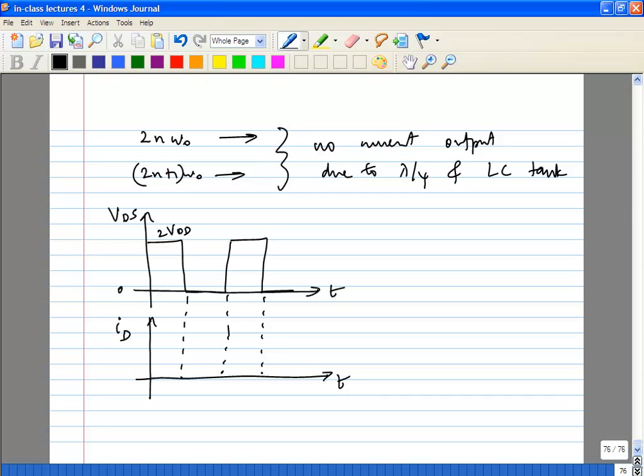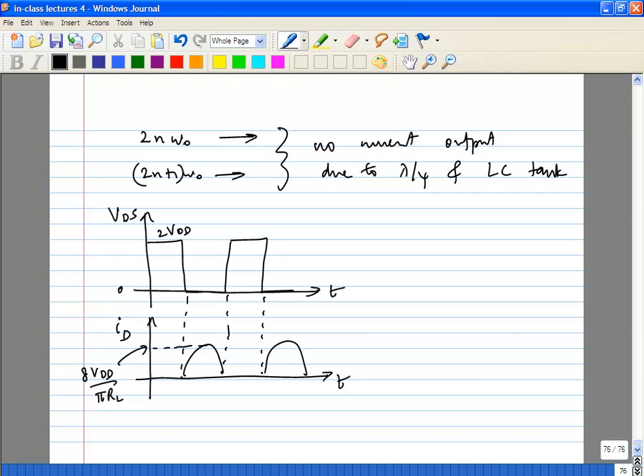And the current is going to look like this. You can show that the peak value of the current is 8 VDD over pi RL. That's actually very easy to do.